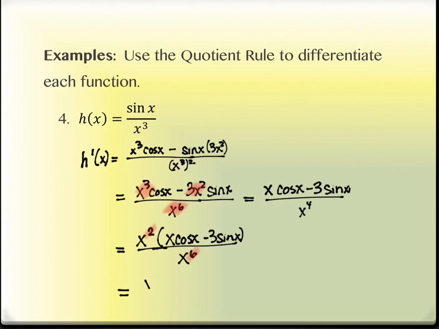And we would end up getting the same thing, x cosine of x minus 3 sine of x over x to the 4th. So whether you need to see the factoring out or whether you're good without it, either of those options would work. You'll end up with the same answer. Okay, any questions on that? Okay, so we will pick up with the rest of this lesson on Monday.